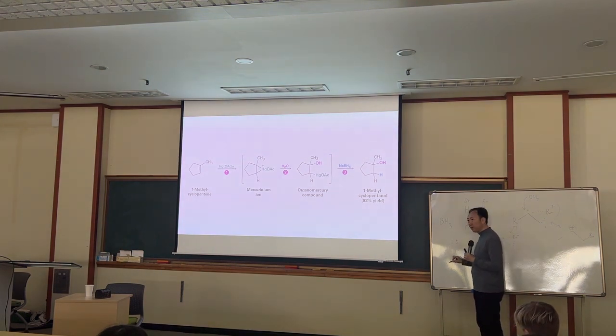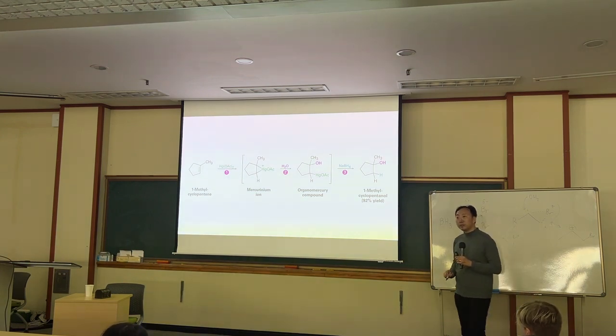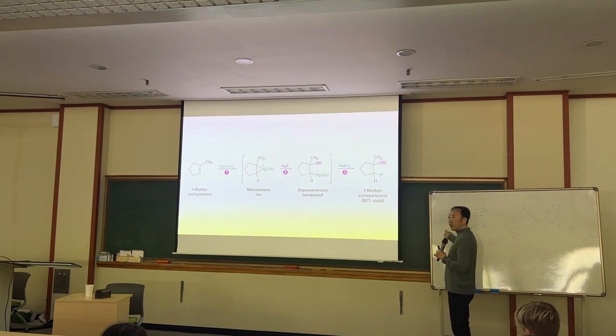Hydrogen? 2.1 or 2.2. Boron? Boron is like a weak metal. If you have BH3, is the H character H minus or H plus? It's H minus.